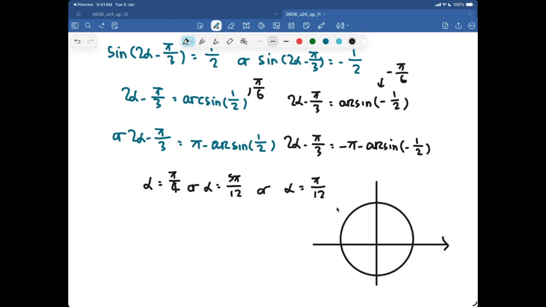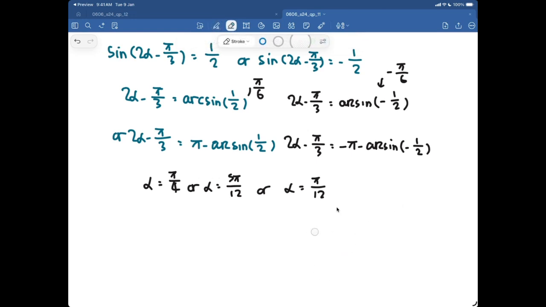So this side can be pi, but if you look at it from this way, this could also be negative pi. So by considering this, we could have alpha equals negative pi... negative, wait, no, I did something wrong.